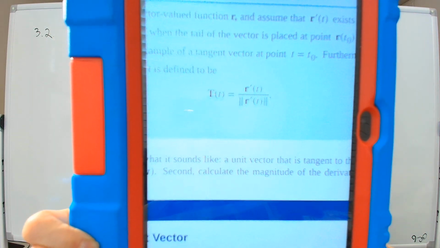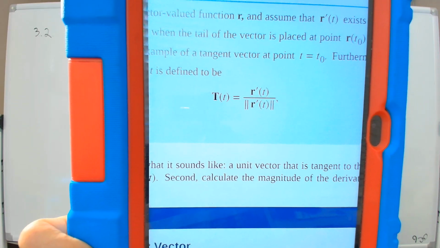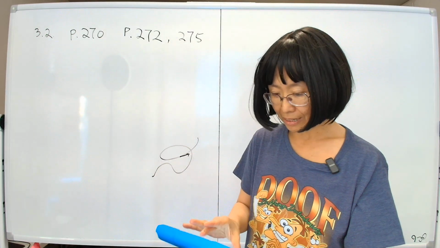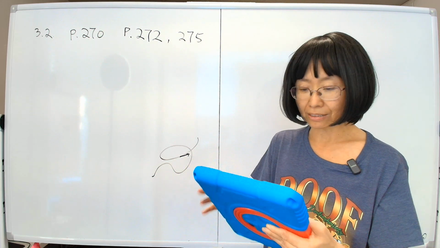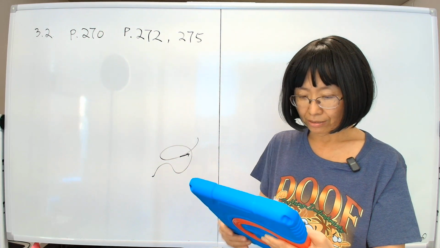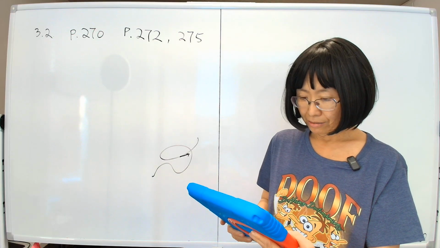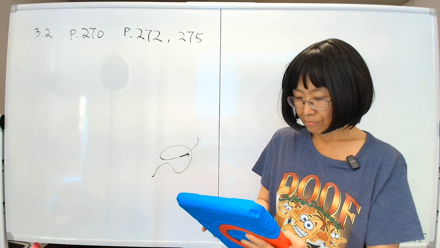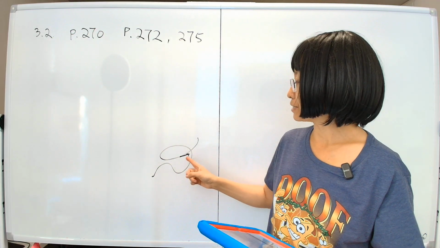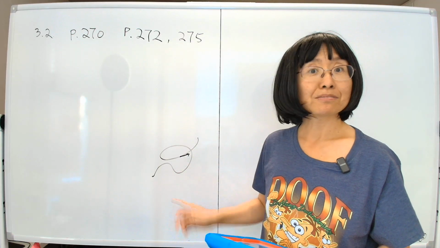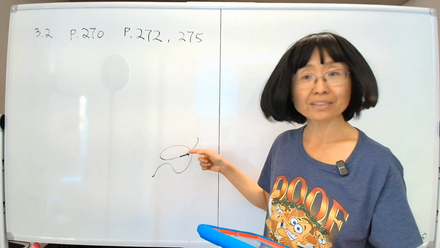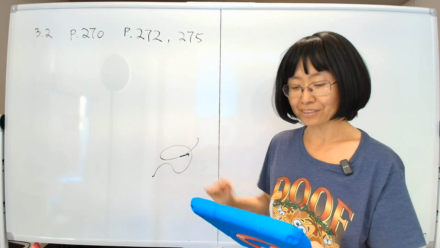So to find the unit tangent vector, you take the derivative and then divide it by how long that thing is at that point, so you get a length of 1. Your book calls it the principal unit tangent vector. It doesn't really say why, I don't think, but it doesn't matter. It probably means that's one of them, because the other one is pointing the other way. There's a negative version.